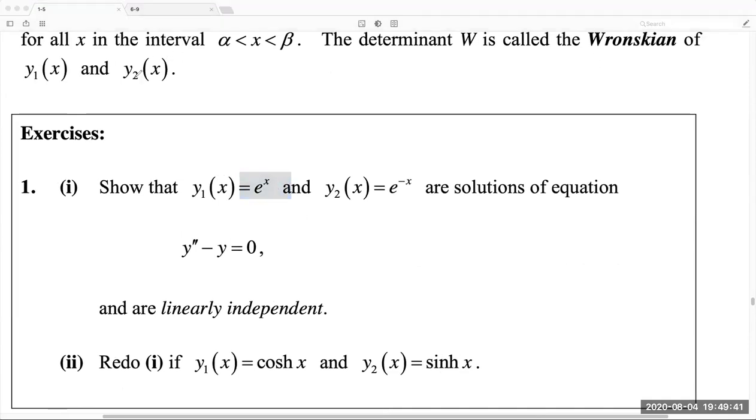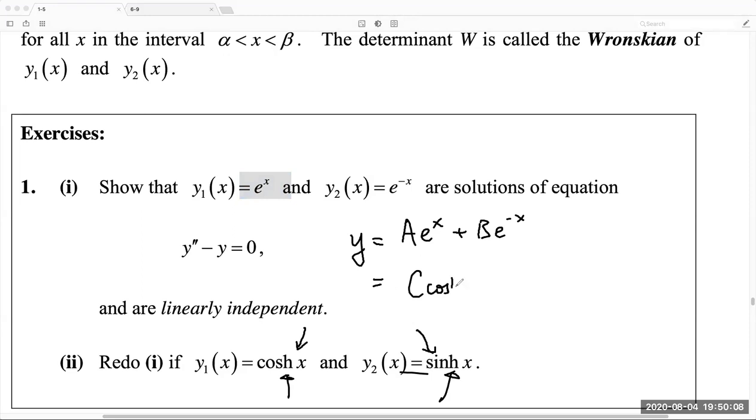If these two are solutions, then y can be written as a times e to the x plus b times e to the minus x. And we have also proved that this one, differentiated twice, gives back itself. This one also. So actually, this equation can also be written as this one.